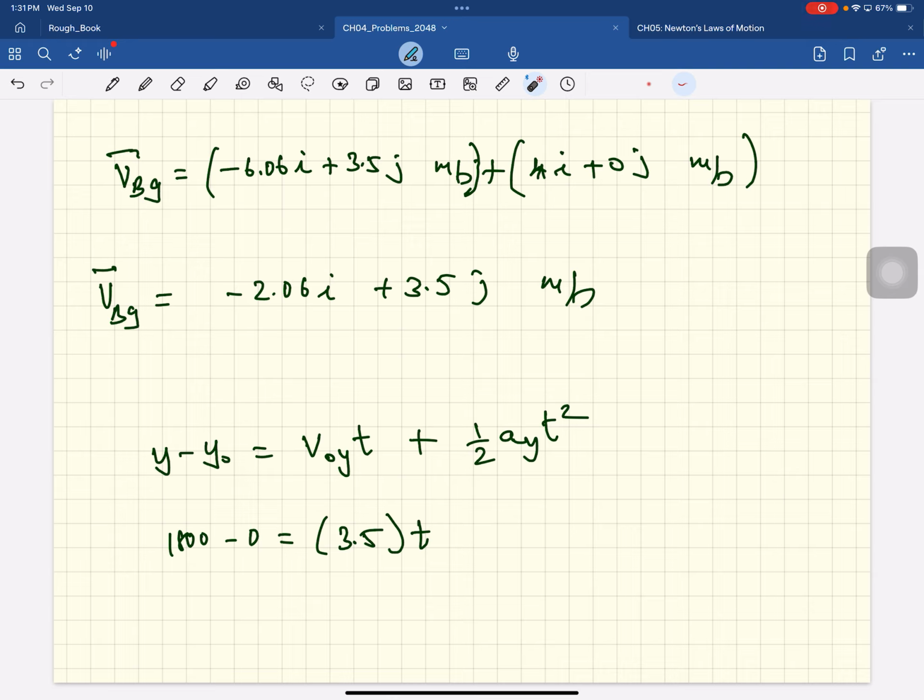Your boat is not accelerating. This is 0, okay?